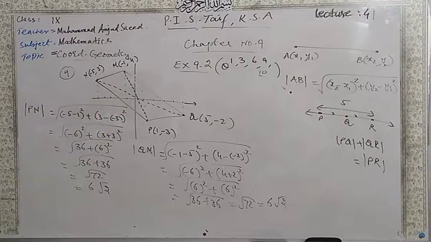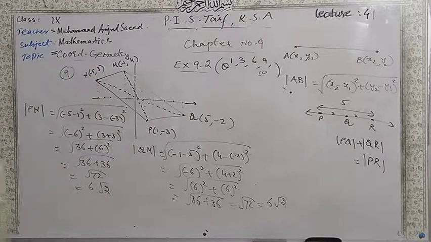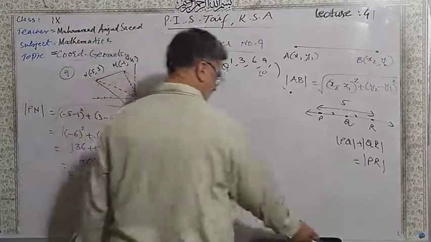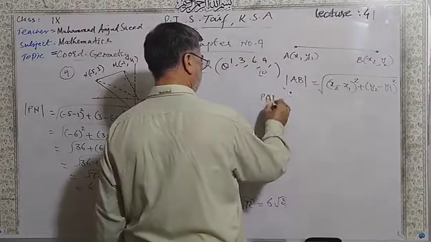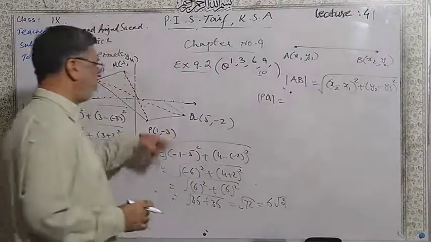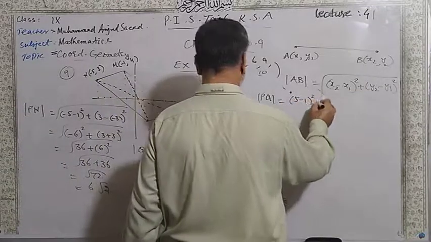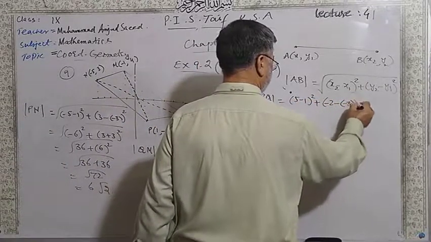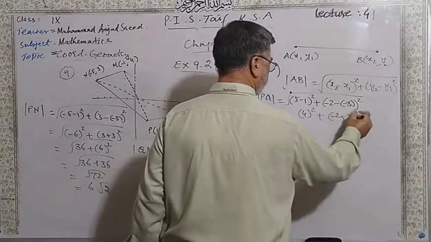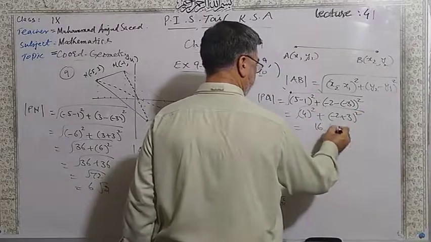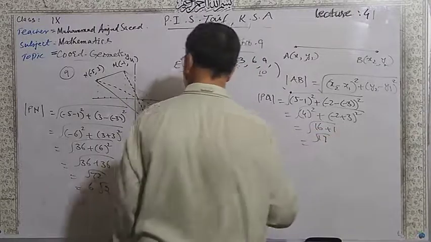Opposite sides are equal in length. Similarly, we can take PQ equal to NM. Here is PQ, the distance between P and Q: (5 minus 1) whole square plus (-2 plus 3) whole square, under root. 4 square plus 1 square, 16 plus 1, 17 under root. This is PQ.